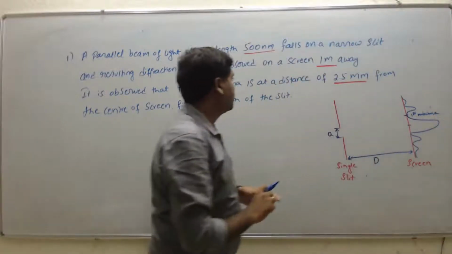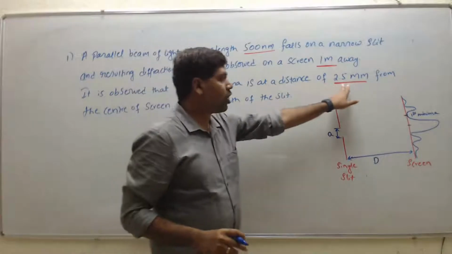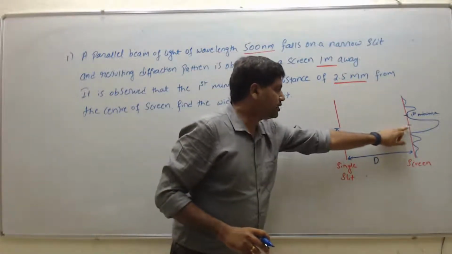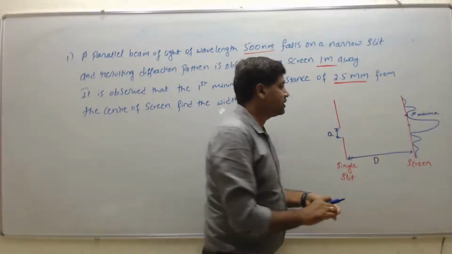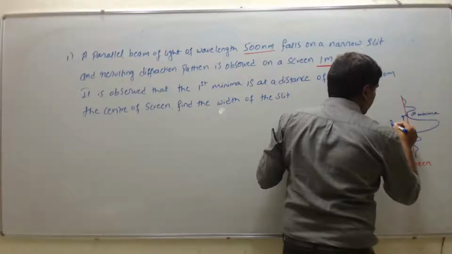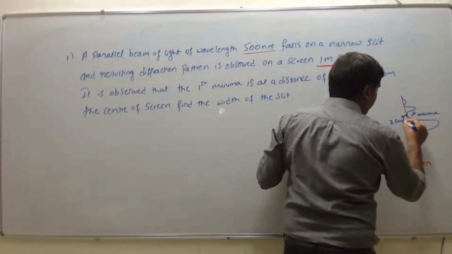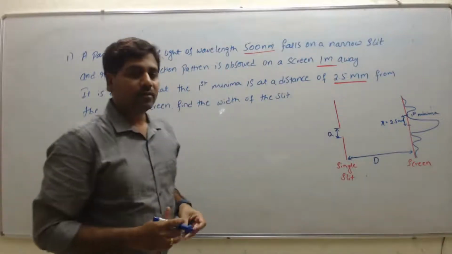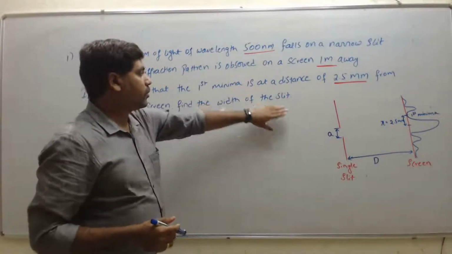The first minima is at a distance of 2.5 millimeter from the central maximum. From here to here, the distance is 2.5 millimeter. Let's take this distance as x. So this is the brief about the question.